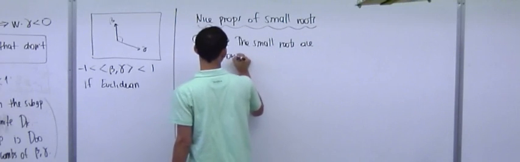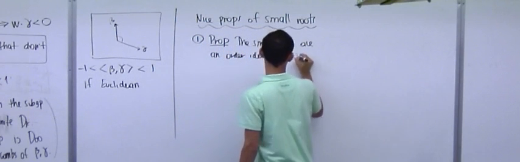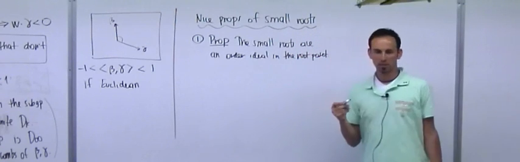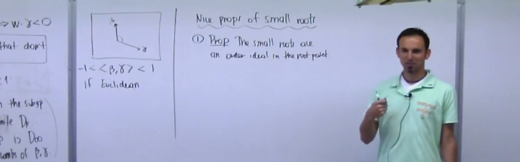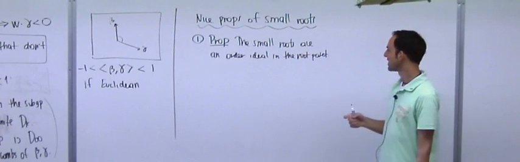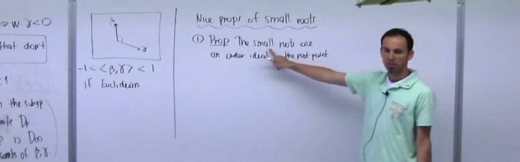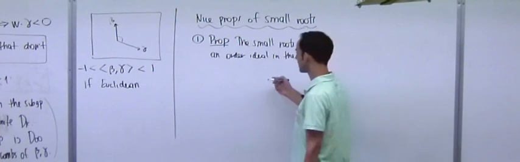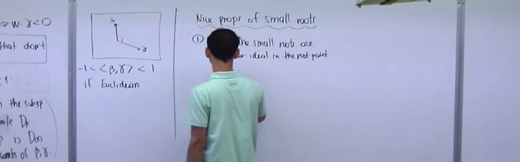So what does this mean? In the root poset. That means that if you are smaller than small, then you are small. If you're smaller than a small root in the root poset, then you must also be small. It sounds like it makes sense, but it's not obvious, of course.